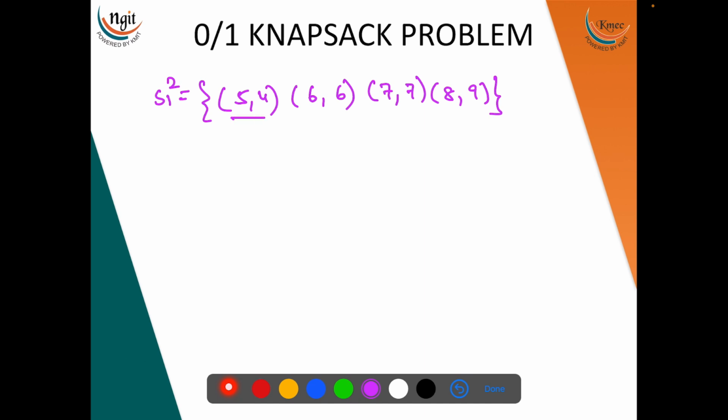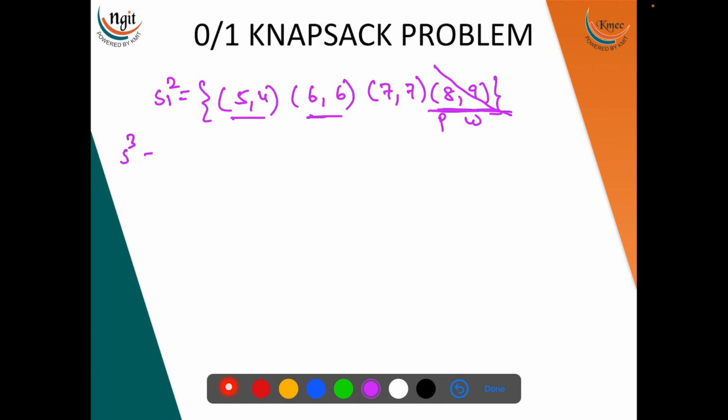So this is your third object and adding these values to the existing ones, we'll get this. Now look at this, all these are P comma W values. So bag capacity is what? 8. So this is going beyond the bag capacity. That's why I'm ignoring the value, or cutting the value from the set.